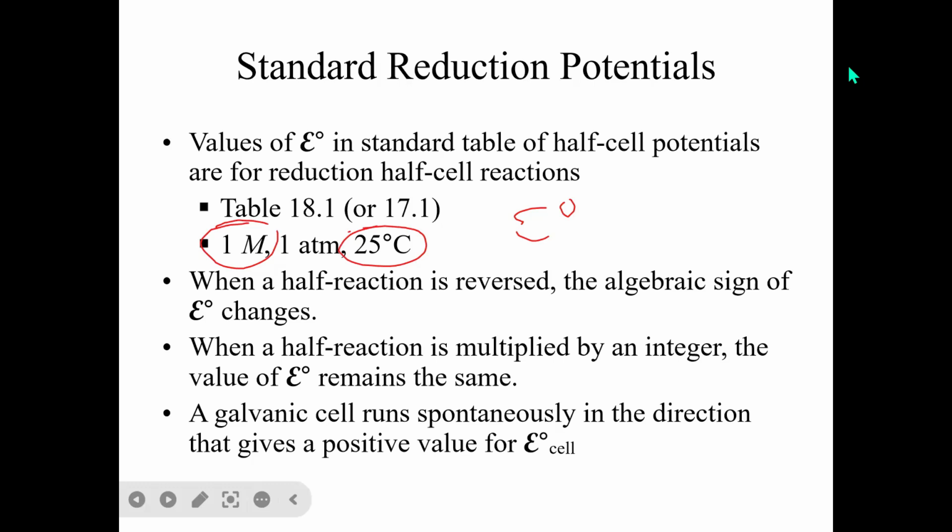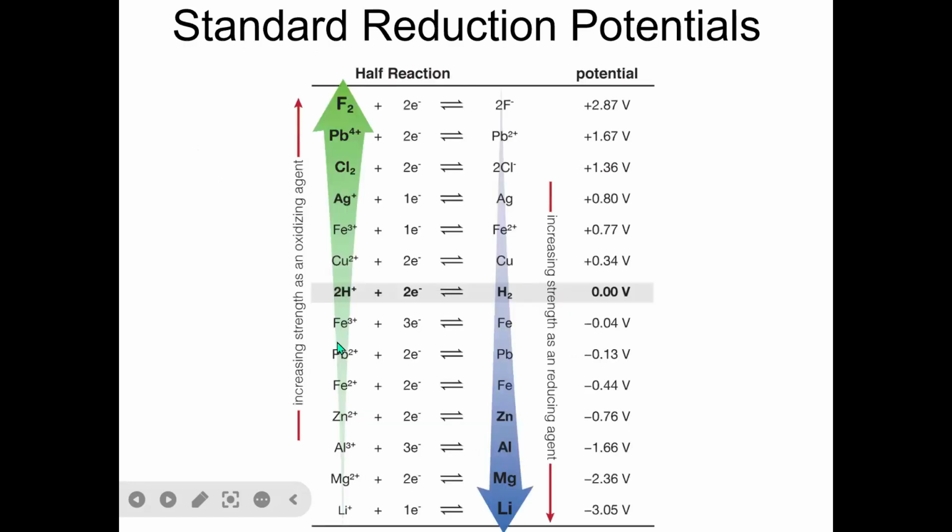Before then, let me just show the table for the standard electrode potential, and of course that will really help. So this is the table for the standard electrode potential, where we have positive values and negative values, and we also have a reference value.